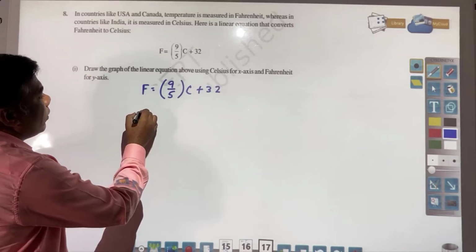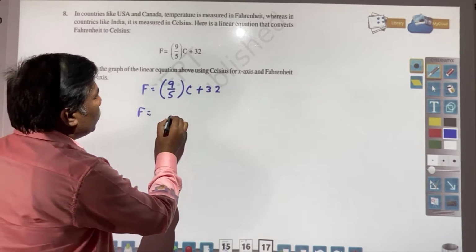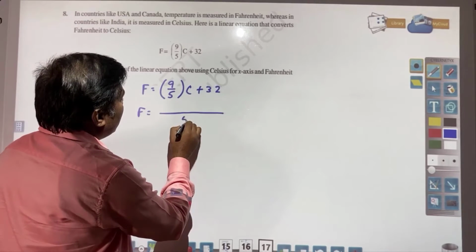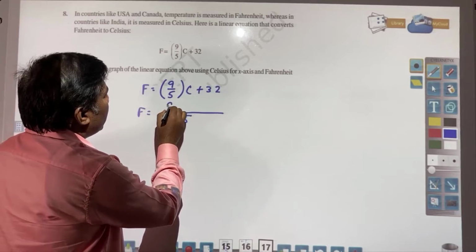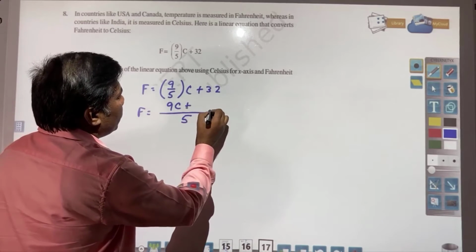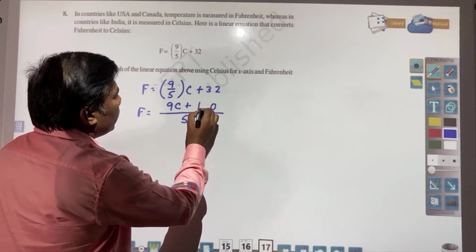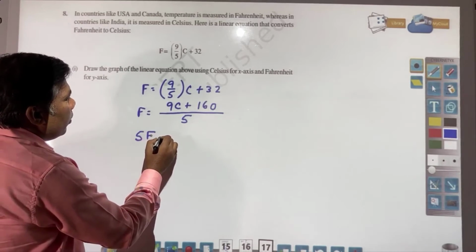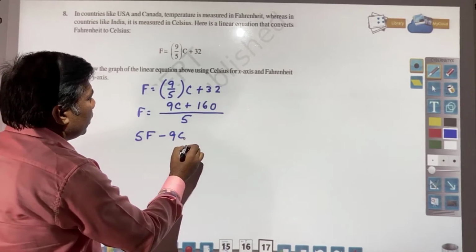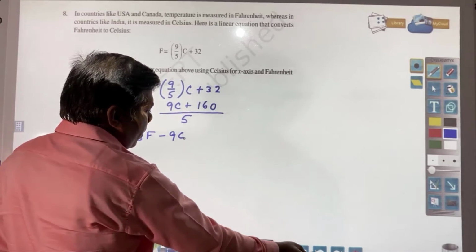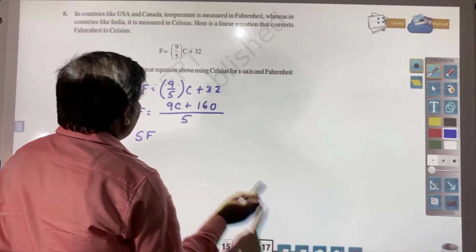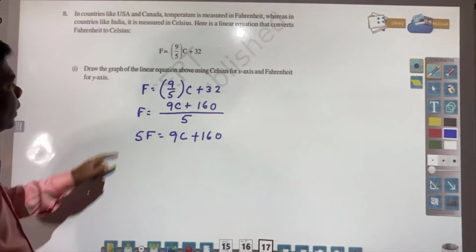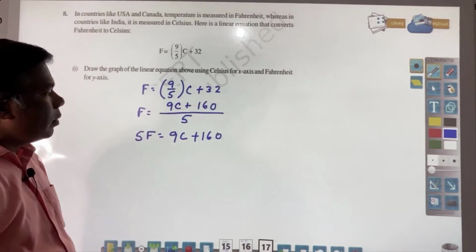So here you see, first we will simplify that. F is equal to, we will have LCM 5, and this will be 9C plus 5 twos are 10, 5 threes are 15 and 1 is 16, so 5F minus 9C, or simply we can write 5F is equal to 9C plus 160, or F is equal to (9C plus 160) by 5.